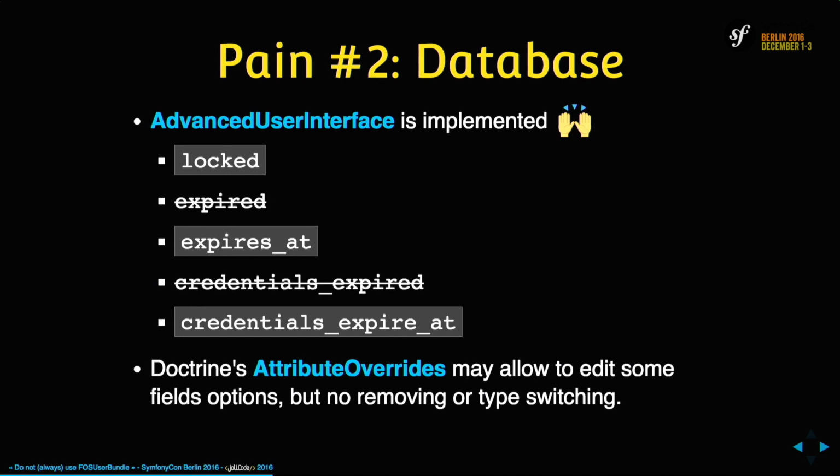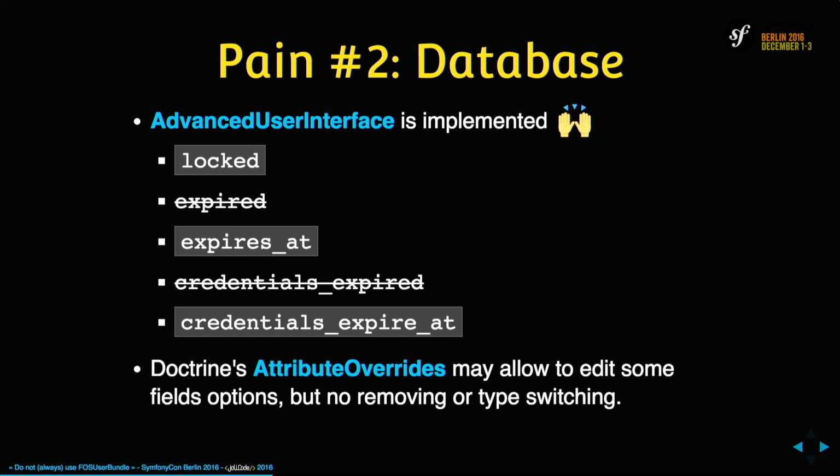There is more. There is also a locked field, an expiry at, credential expiry at too. Those fields are here because the advanced user interface is implemented by default. So the user you get when you install FOSUserBundle does have all of those fields, all of those methods from the advanced user interface.